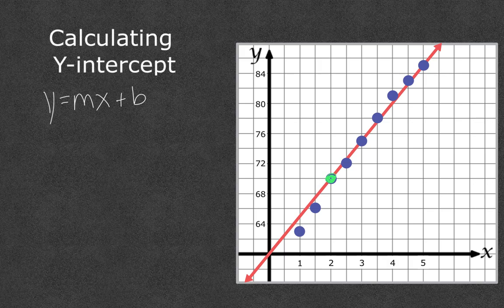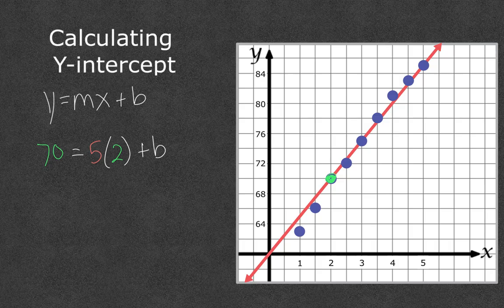I take my y value, which is 70. My slope, which is 5, multiply that by my x value, which is 2, and at the end we have that plus b. So we're solving for b here.